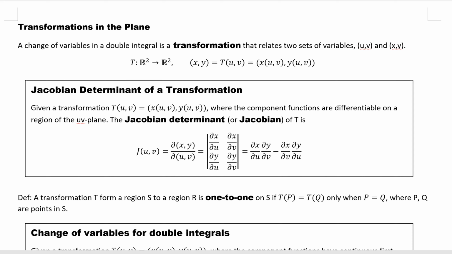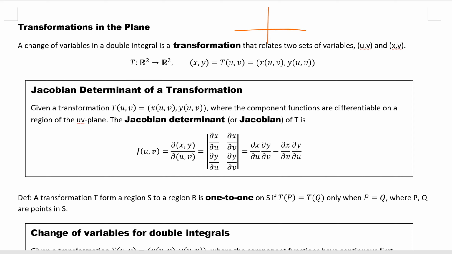Okay, a transformation T from a region S to a region R is 1-to-1 on S if T of P equals T of Q only when P equals Q, where P and Q are points in S. So what does that mean? Let me draw some picture here.